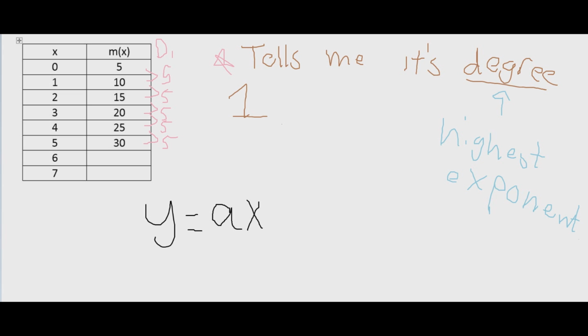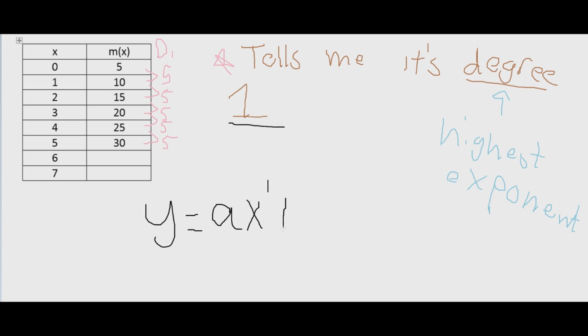Well, according to what we just did, the first time we subtract 10 minus 5, we get 5. 15 minus 10, we get 5. That tells us that the equation of this table is going to have degree 1. So that means that, like I said, it's the highest exponent, so this has to be a 1 here.